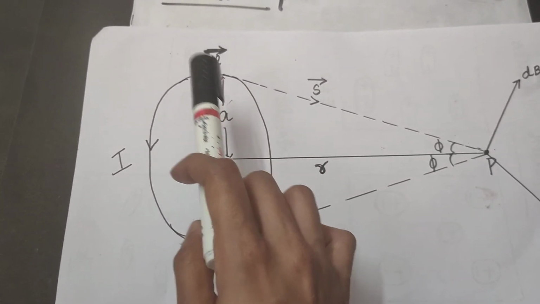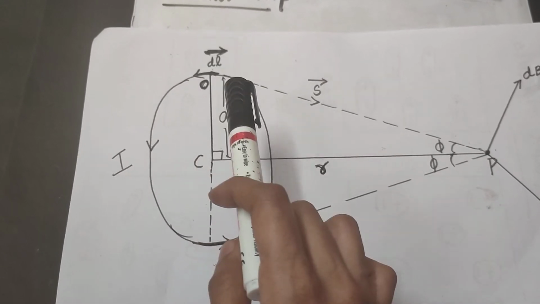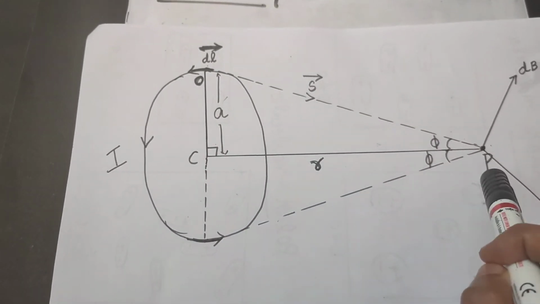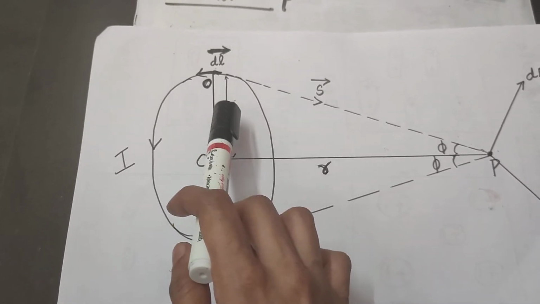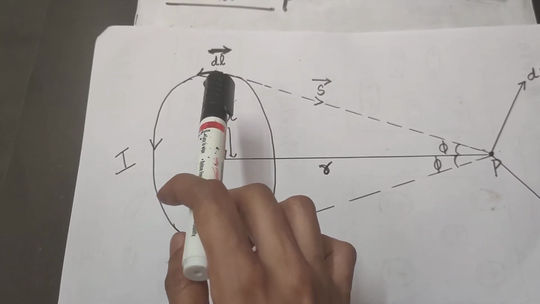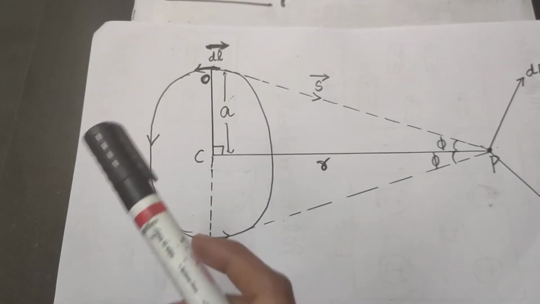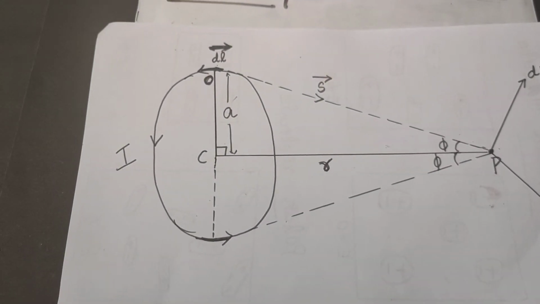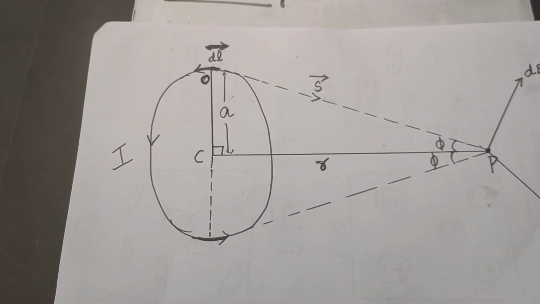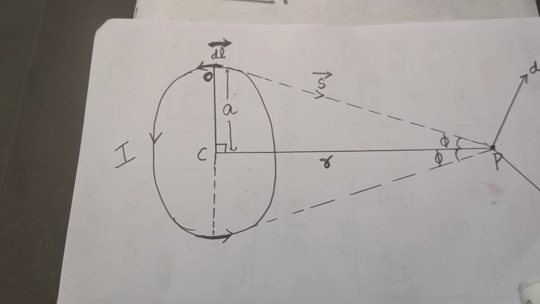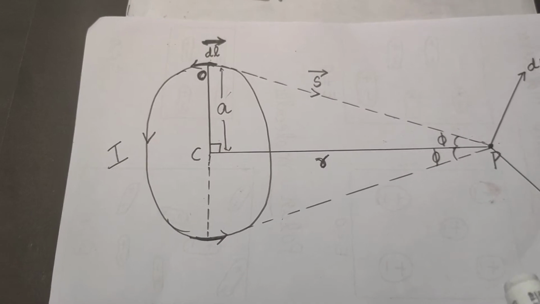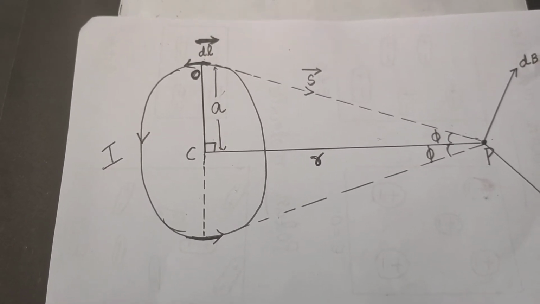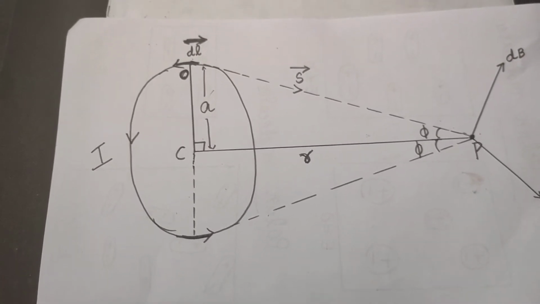And first we find what is the magnetic field at the point P due to this current element dl. We have already studied the equation for the magnetic field from our Biot-Savart law. What is the equation? dB is equal to mu 0 by 4 pi I dl sin theta by distance square. What is the distance?